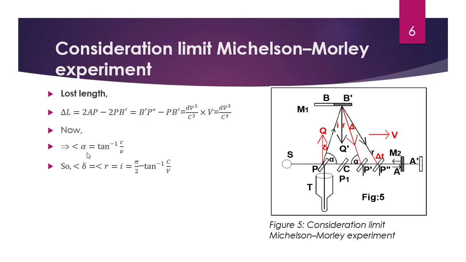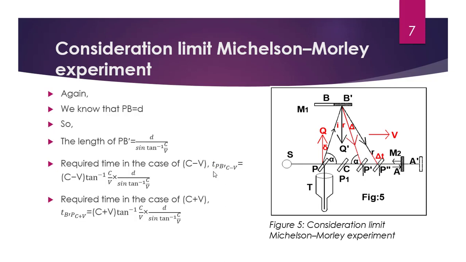Now alpha equal to tan inverse C by V and del equal to R equal to I equal to pi by 2 minus tan inverse C by V. This angle, the del angle of incident angle, will be pi by 2 minus tan inverse C by V. Again, we know that PB equal to D. So the length of PB dash equal to D by sin into tan inverse C by V. This is such a simple calculation.